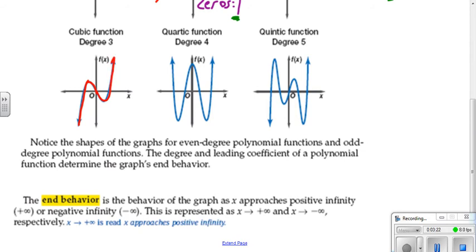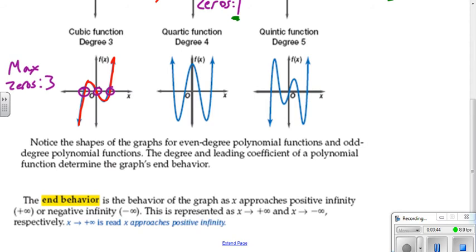Notice how it changes directions twice there. So now the degree of this function is 3, and notice how 1, 2, 3 points that it can hit the zeros. So max zeros in this case, there are 3.